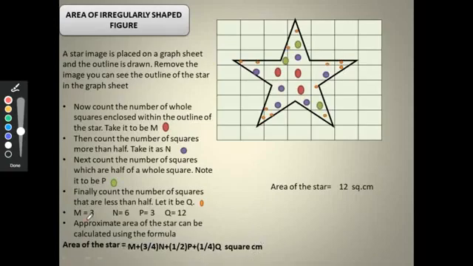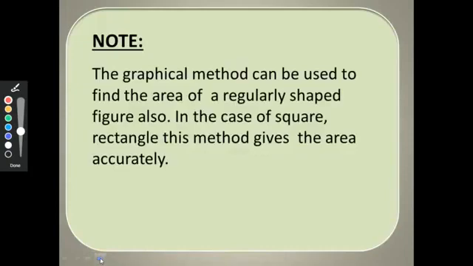When you substitute the values of m, n, p, q in the formula, I obtained the area of the star as 12 centimeter square, that is 12 square centimeter. Likewise, you can calculate for any irregularly shaped figure. Note, the graphical method can be used to find the area of a regularly shaped figure also. In the case of a square or rectangle, this method gives the area accurately.